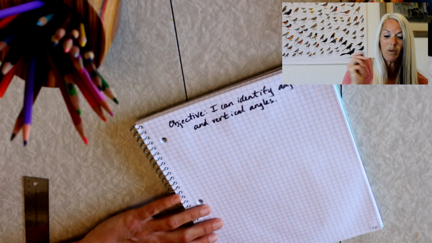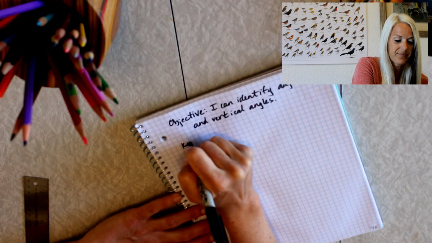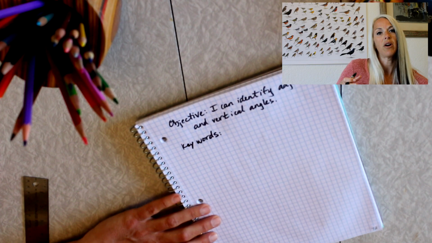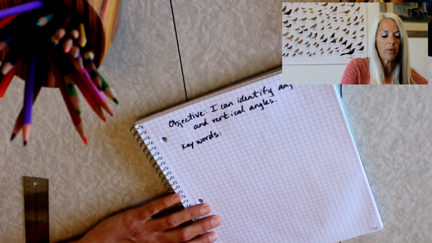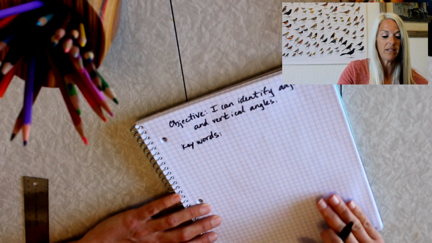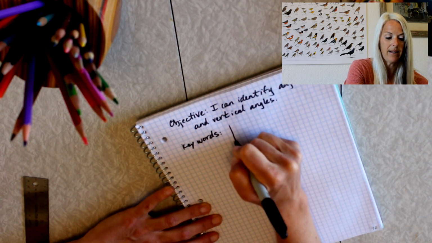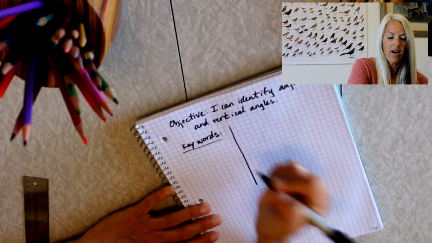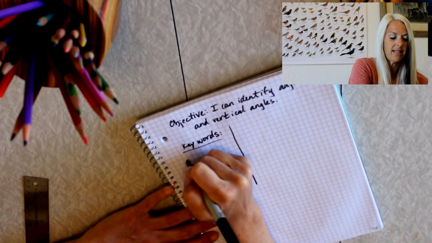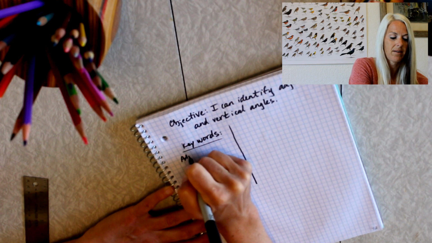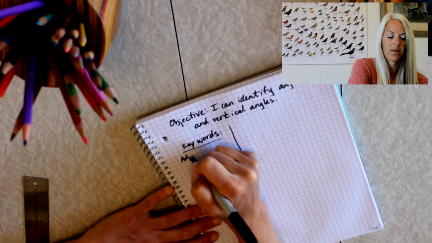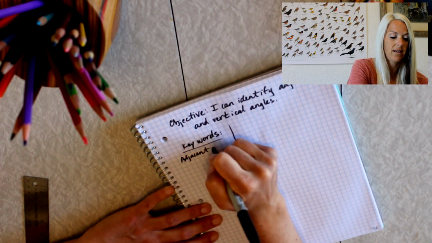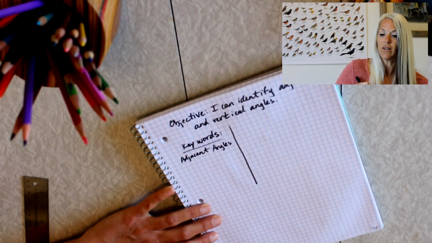Okay, so we've got some key words here. We're going to do keywords just like we used to do with our ISN pages before. We'll write the keywords here, and then on this side we'll put the definition. So we're going to go ahead and draw a line about halfway down your paper. So we've got adjacent angles.